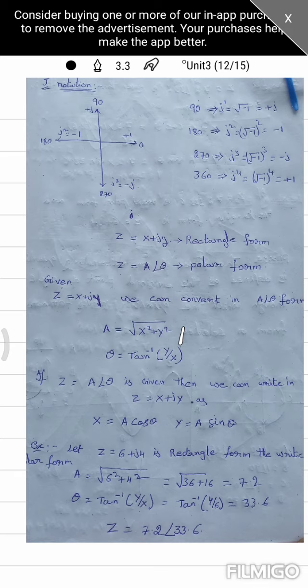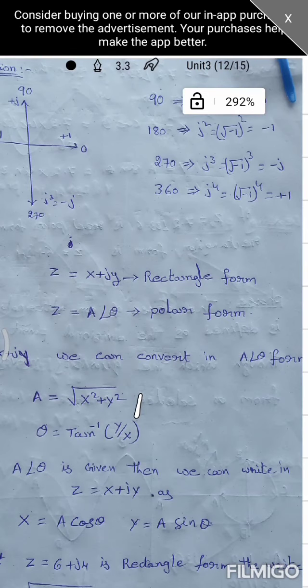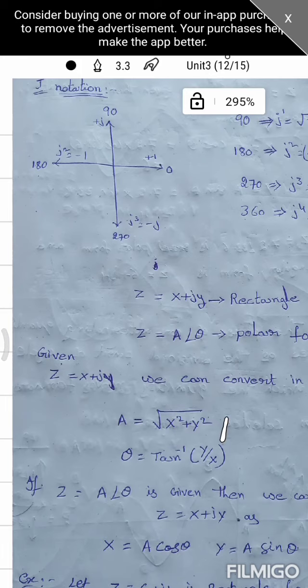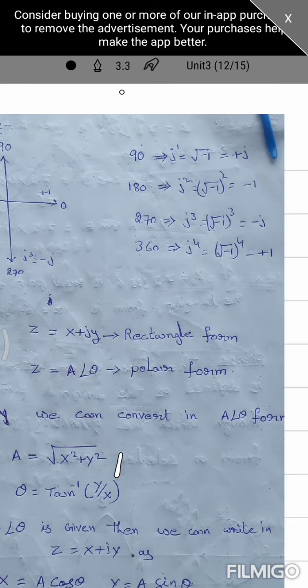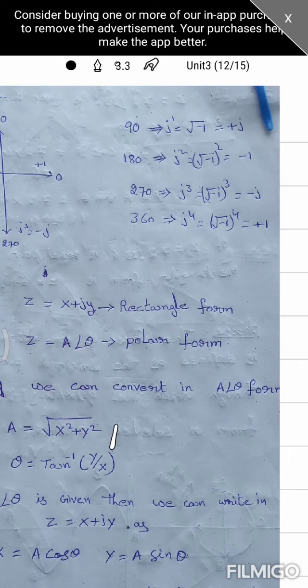So let us see how this J notation is expressed. Generally we use J when, while calculating, we get the root of minus 1. That root of minus 1 is represented by the term J. So J indicates root of minus 1.